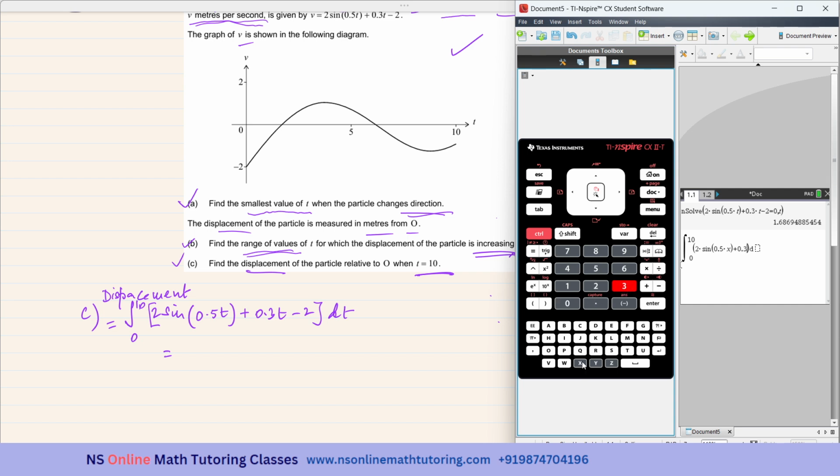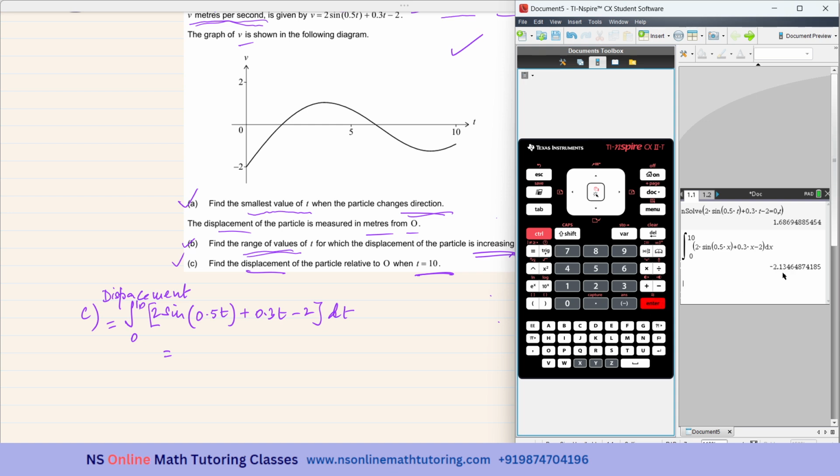I could have taken the variable as t, because you are given this option of whether it is dx or dy, whatever it is. I could have taken these as t and written dt. That was also equally correct. And then minus 2. And then I come over here and it is x and I press enter.